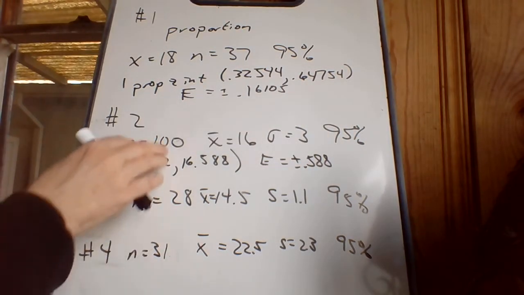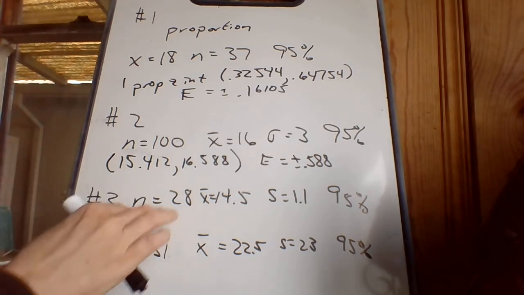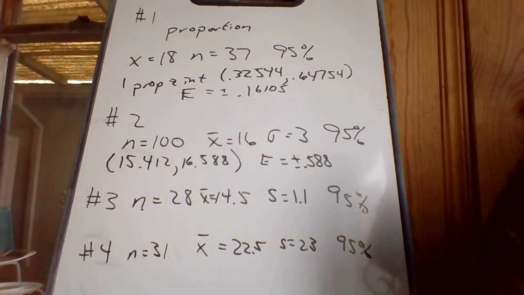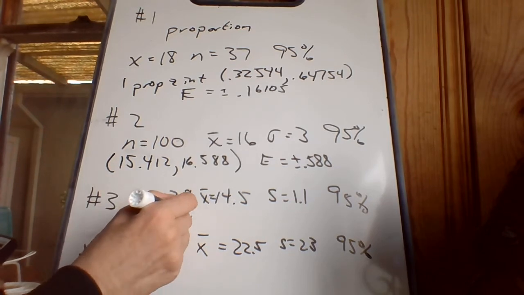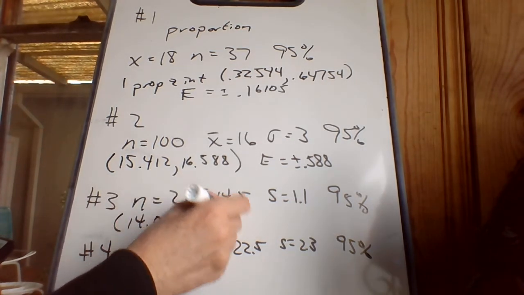All right, and I've already decided this one too. The main difference is n is smaller than 30, so I'm going to use t interval on this one. Okay, x bar is 14.5. S is 1.1. N is 28. C level is 0.95. 14.073, comma 14.927.